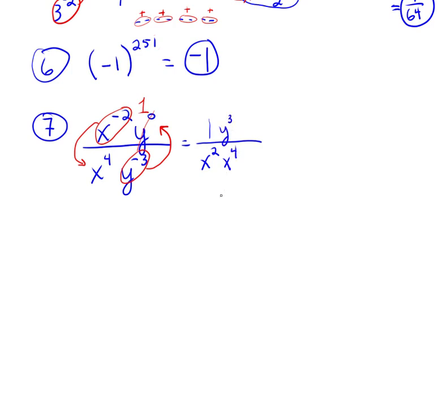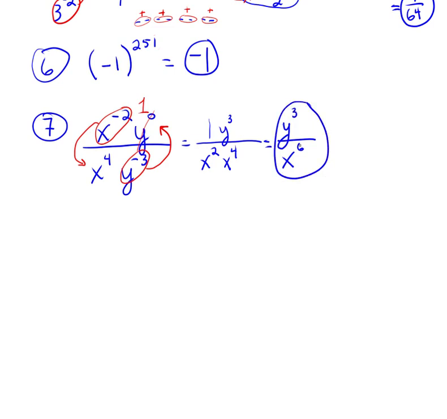Now, from this step, I don't want to do too many steps in one and add them and move them at the same time, because that's where a lot of the errors in thinking in your head happen. So for me, I like to show my one step of moving and then do that simplifying of x to the 6th power, y to the 3rd power in the numerator, and then we're simplified.